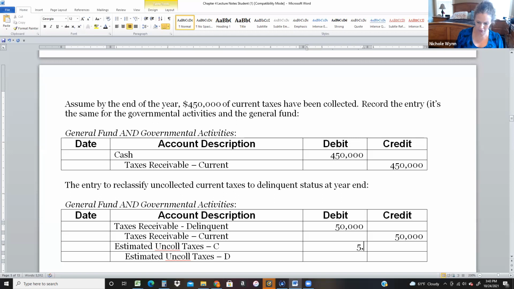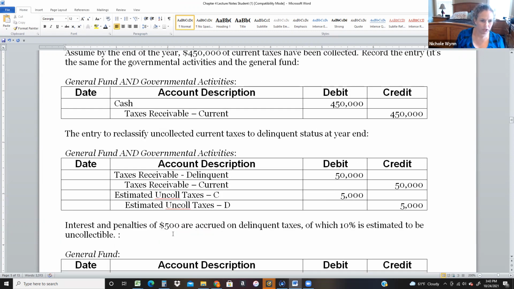I'm moving that 5,000 to becoming delinquent. All right, so here I'll put: move both the taxes receivable and estimated uncollectible current to being delinquent. Okay, so that's what we did in that entry.